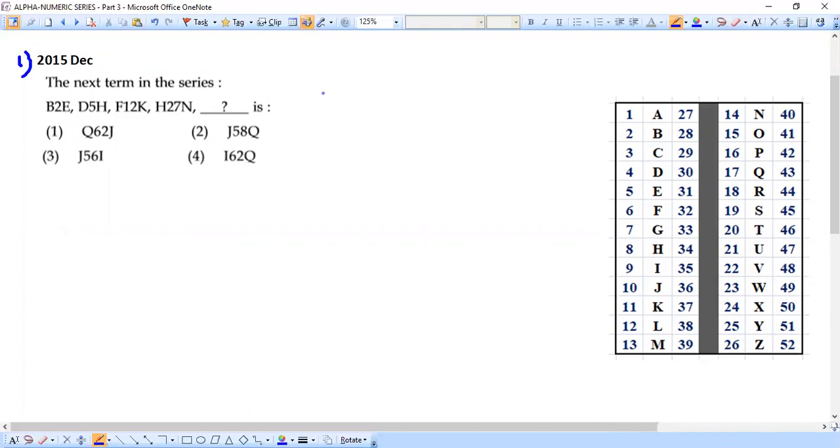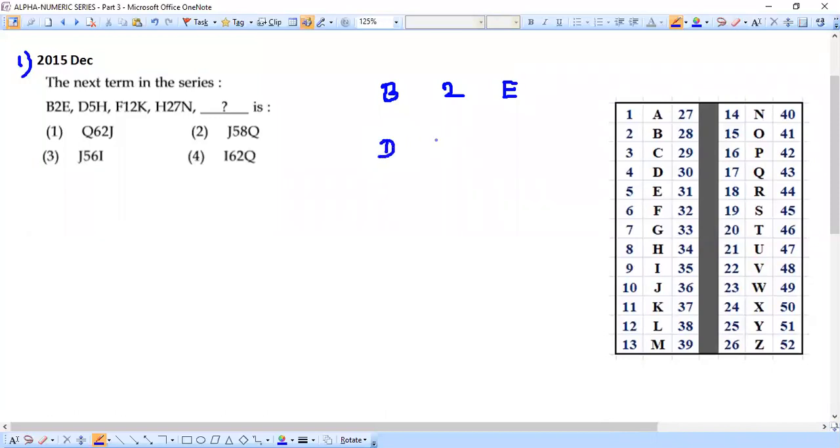First of all, we will take the terms one by one. The terms are a little long, so let us take them one below the other. Our first term is B2E. This is our first term. The second term is D5H.